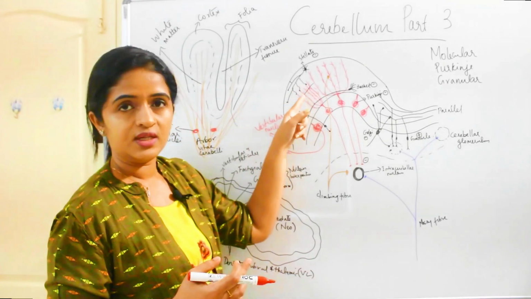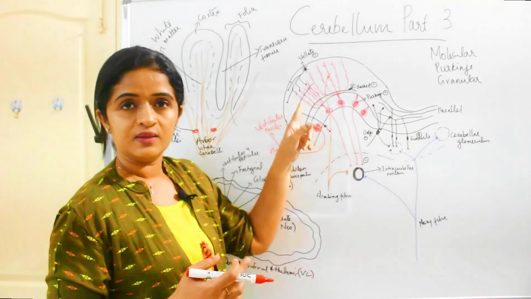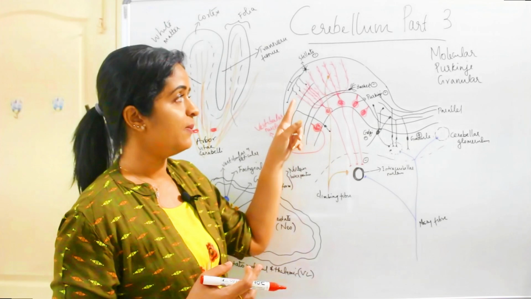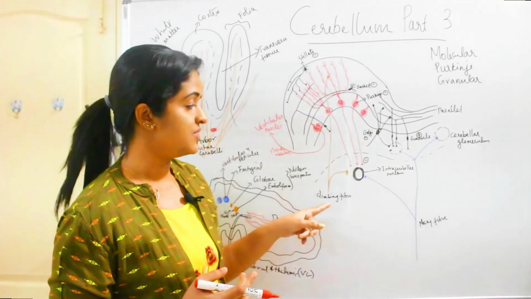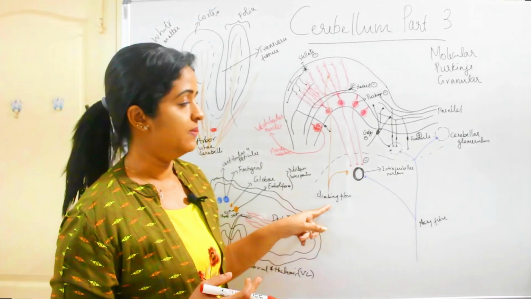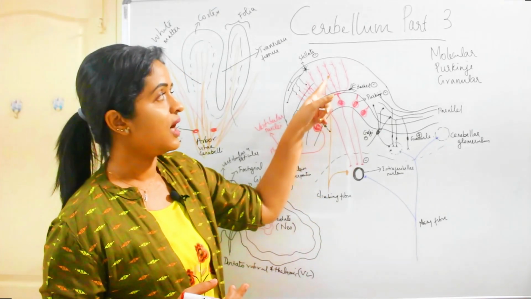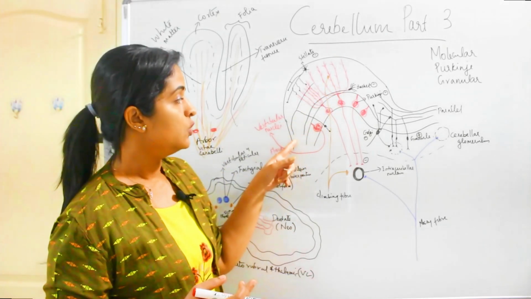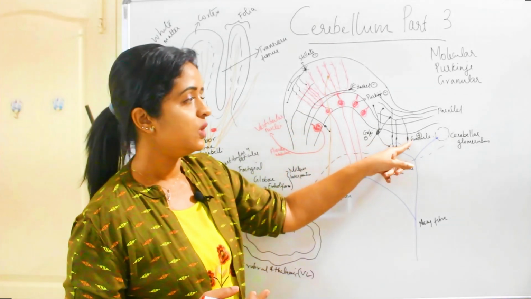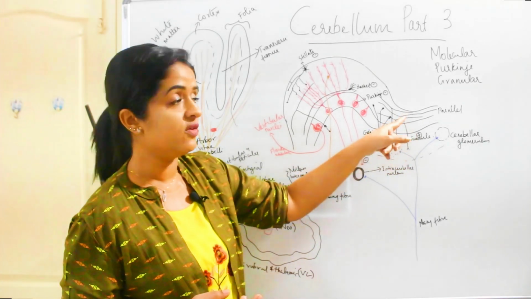You have the dendritic spines of the Purkinje cell in the molecular layer. Apart from that, you have two more synaptic terminals. One is the climbing fiber, which climbs up and makes synapse with the dendritic process of the Purkinje cell, and you also get the granule cells which give off axons.